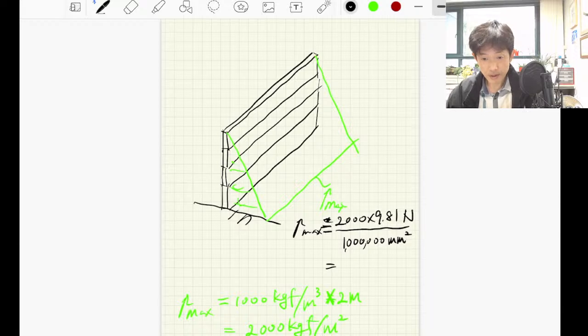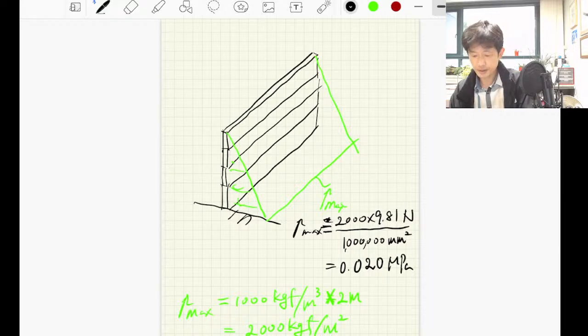If I calculate it using my Excel spreadsheet, 2000 times 9.81 divided by 10 to the power of 6, this is around 0.02, 0.020 megapascal. So this is the maximum pressure.